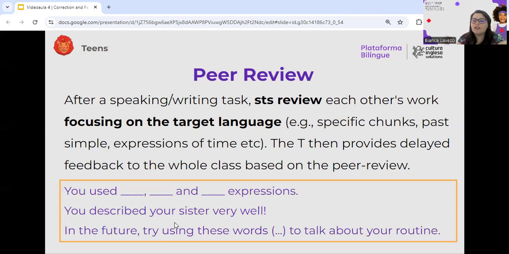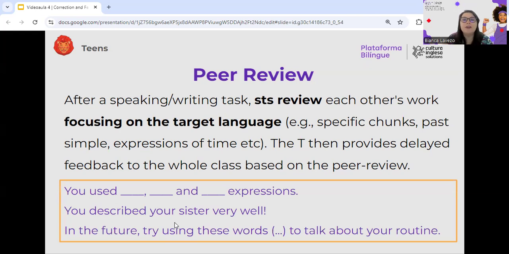In the future, try using the words nice, beautiful, to talk about your mom. Or in the future, try using the words get up, wake up, go to school, to talk about your routine. In the future, talk about your school when you talk about your routine.